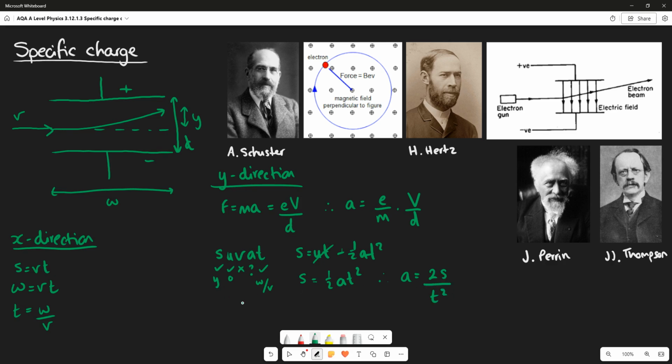Remember that s is y and t is w over v. So this shows us that the acceleration is 2y over wv squared. Once we've calculated the acceleration, we can substitute that into this equation and calculate the specific charge of the electron.